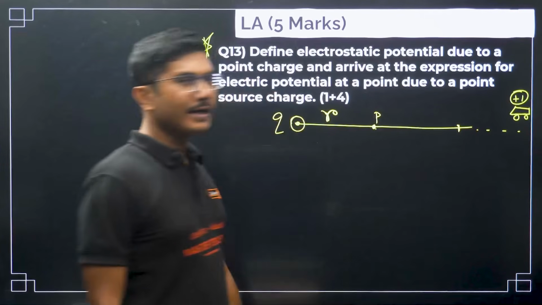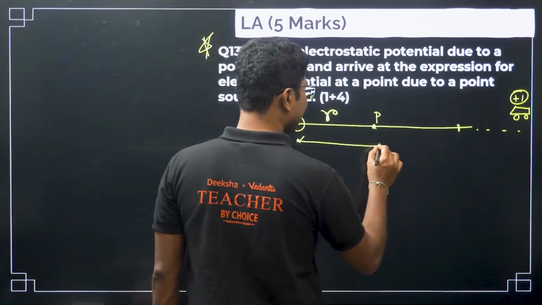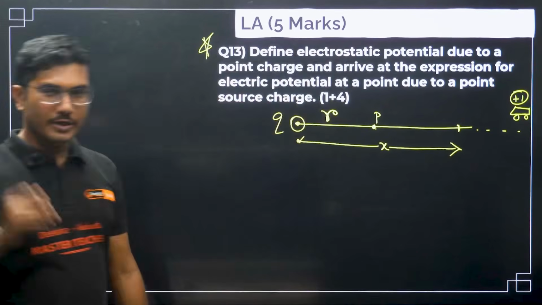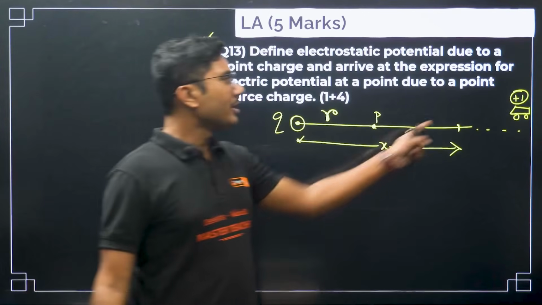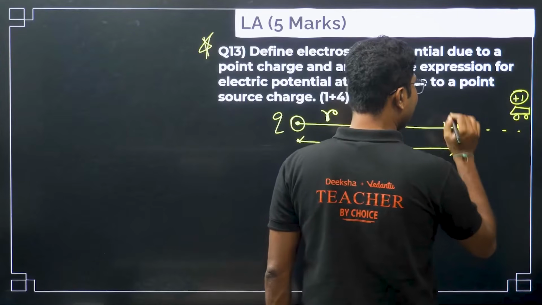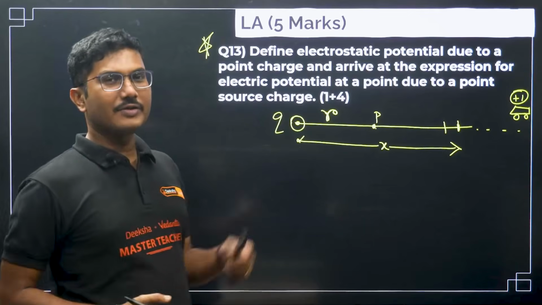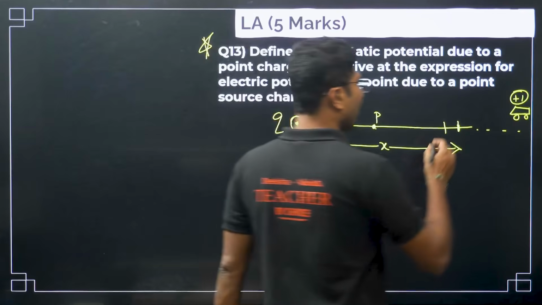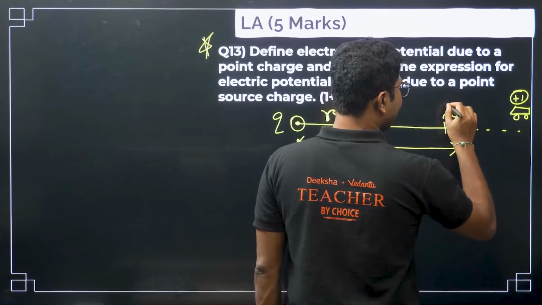This point is at a distance x. Now from Kalburgi to Yadgir, this is a small distance, right? They are very, very nearby stations. Those who don't know, Kalburgi and Yadgir are very near stations. So the distance between them is, say, dx.